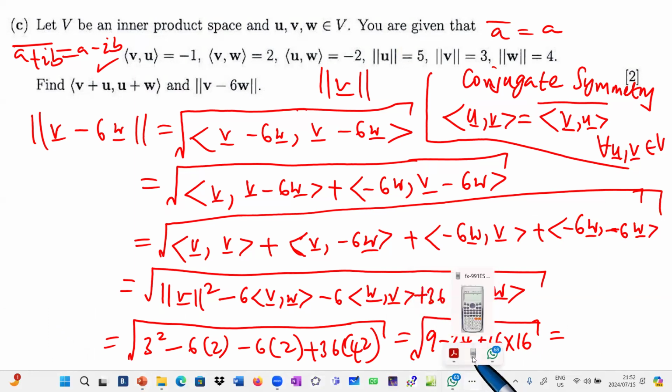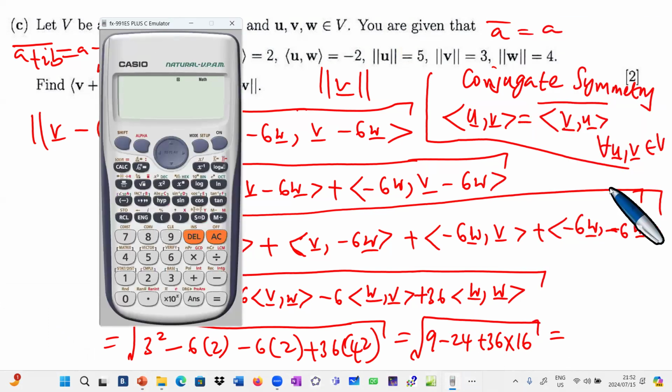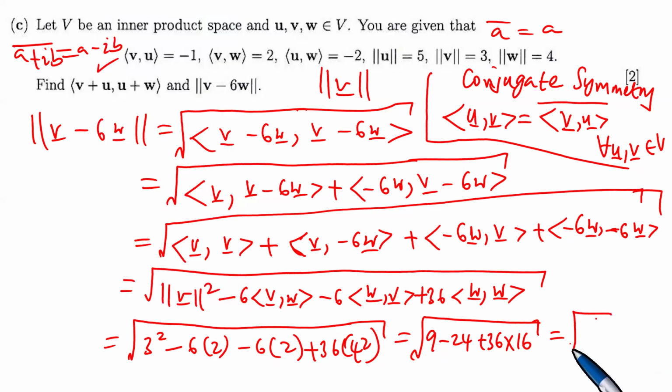Right, let us use this calculator to actually do the calculation. So we have here 9 minus 24 plus 36 times 16, and this is actually 561. Square root of that obviously becomes the answer.